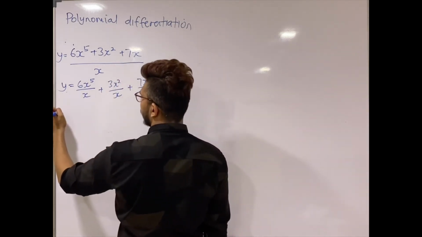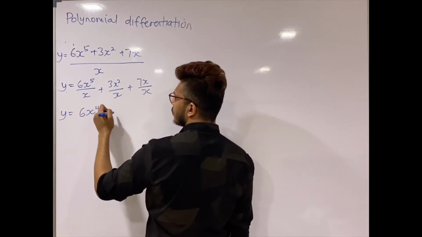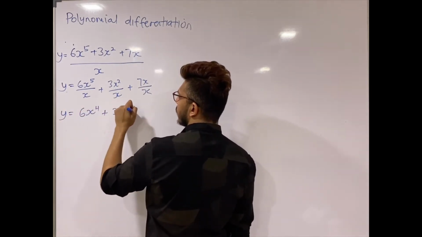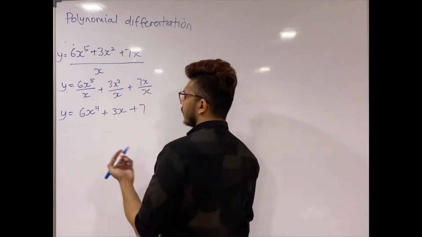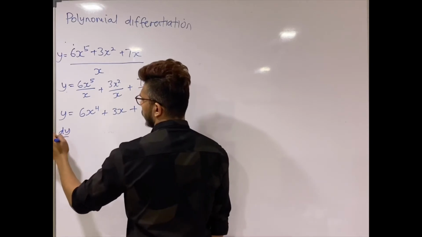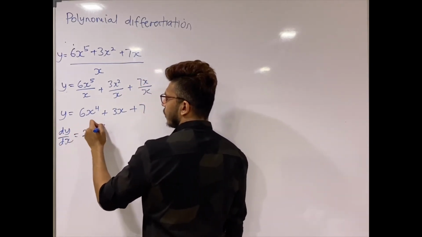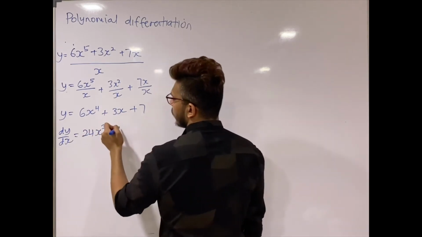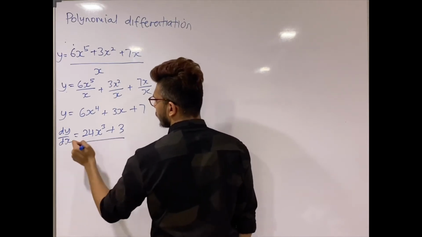Then when you simplify this, your y will be 6x to the power of 4 plus 3x plus 7. Now it's a normal polynomial which you can differentiate easily. dy dx is going to be 6 times 4, 24x cubed plus 3, the x goes off and this is 0. So this is the final answer.